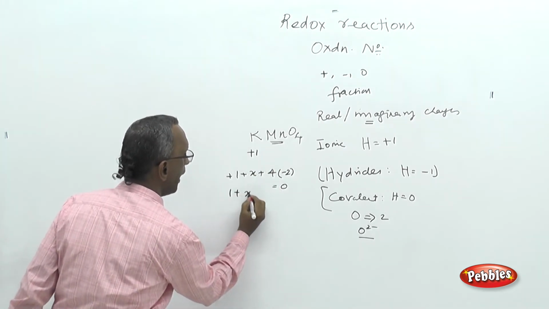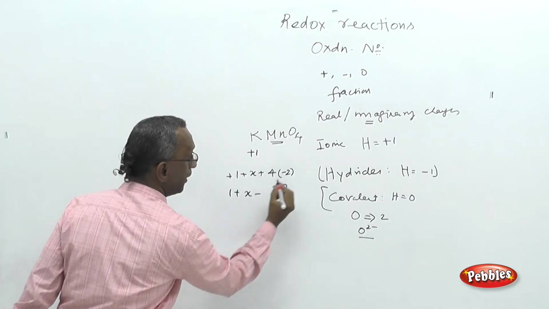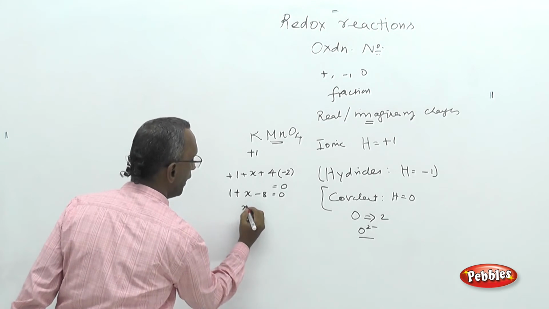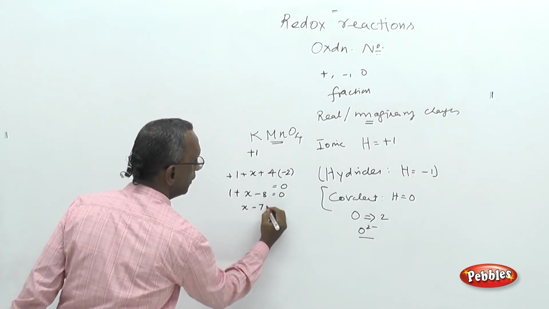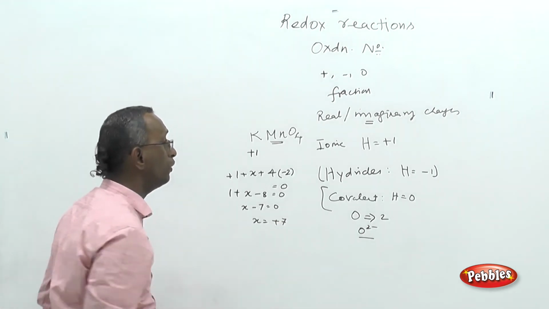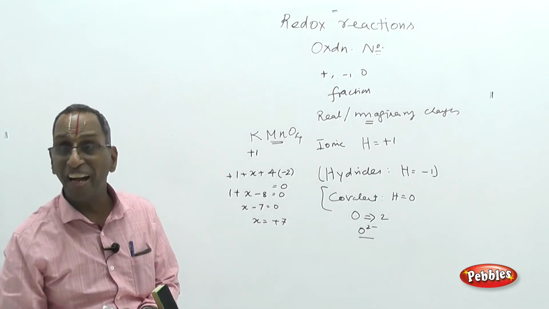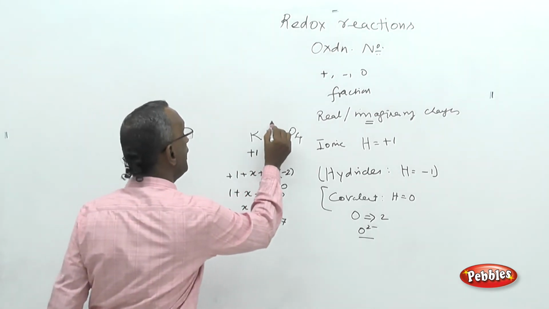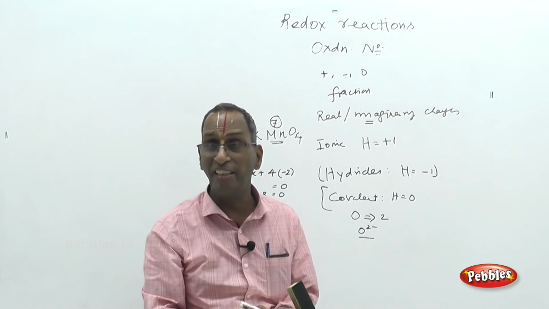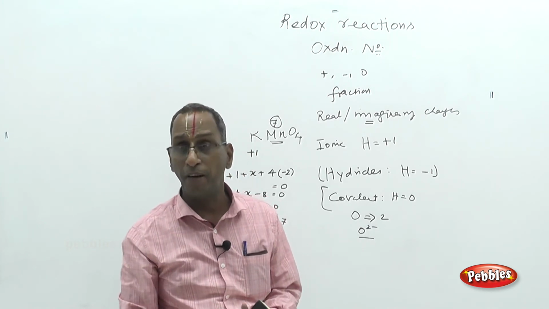1 plus X minus 8, since 4 times -2 is -8, equal to 0, or X minus 7 equal to 0, or X equal to +7, which means the oxidation state of manganese is +7. Oxidation state of manganese in this compound is +7.